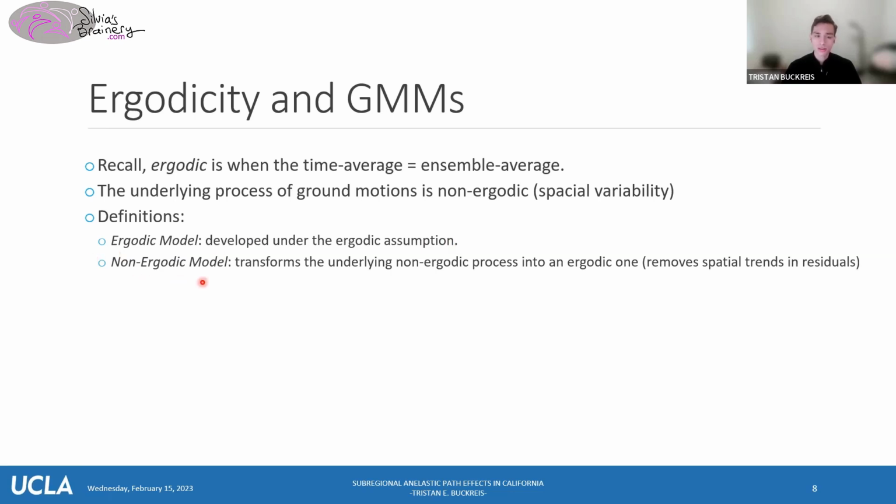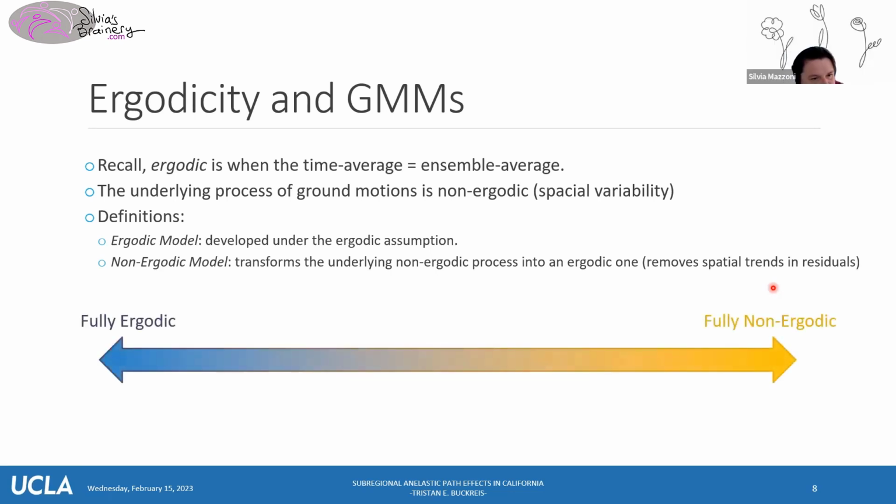A non-ergodic model is one that attempts to transform the underlying non-ergodic process that is ground motion into the ergodic one. So in other words, you're trying to remove spatial trends in the residuals, and this can be with respect to distance, or it can be with respect to site condition, or with respect to magnitude and other predictor variables. So don't just think when I say spatial trends that it's a physical spatial trend. It can be a parameter spatial trend.